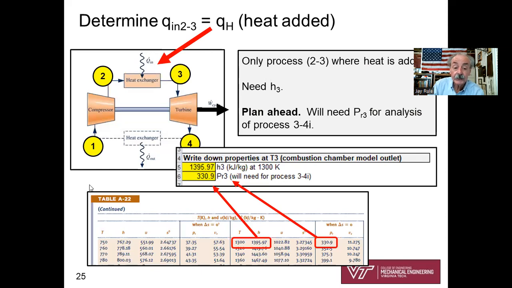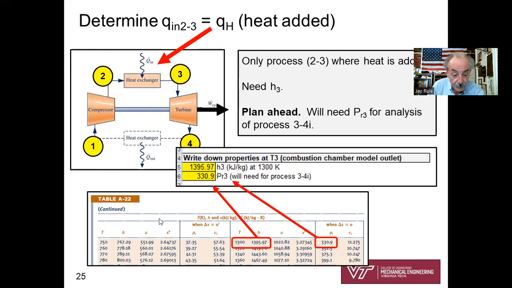Okay, so now we're going to go to the next component, process 2 to 3, the heat added. That's QH. All right, so no work is involved. Let's see what we just found, H2A. We need H3, don't we? We've got it because we've got the temperature. Enthalpy for an ideal gas is a function of temperature only.